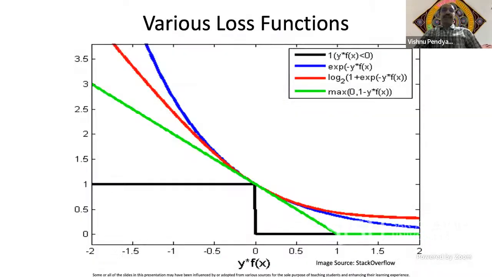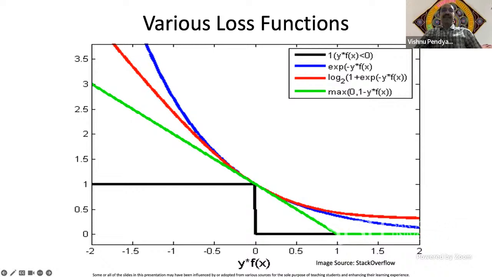Now there are various loss functions. The simplest loss function is the 0-1 loss function, where the loss is 1 when it is incorrectly classified, and the loss is 0 if it is correctly classified. That is the simplest loss function, but it is not very helpful.